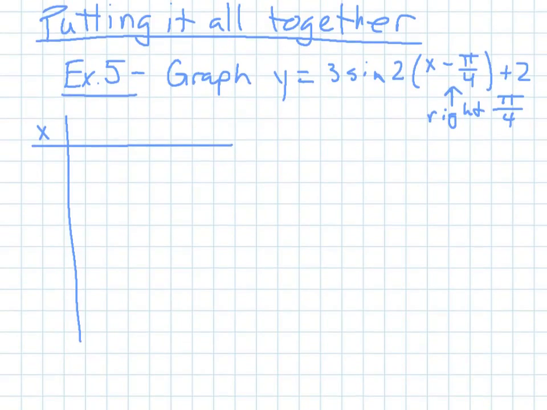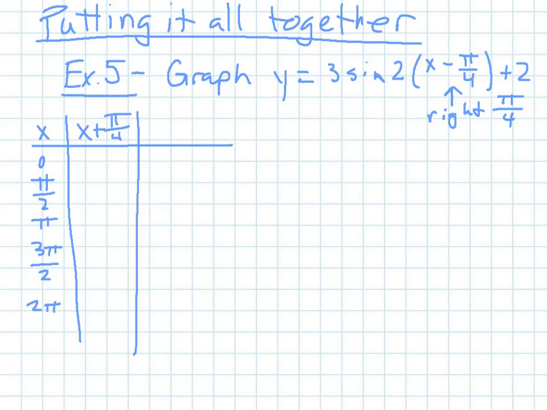So the values that I usually start with, 0, pi over 2, pi, 3 pi over 2, and 2 pi, I'm going to add, or do the opposite. Add pi over 4 to those, so I get pi over 4, 3 pi over 4, 5 pi over 4, 7 pi over 4, and 9 pi over 4.